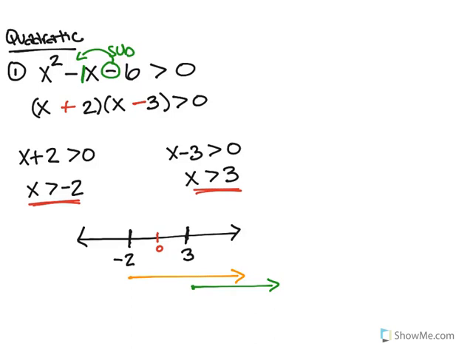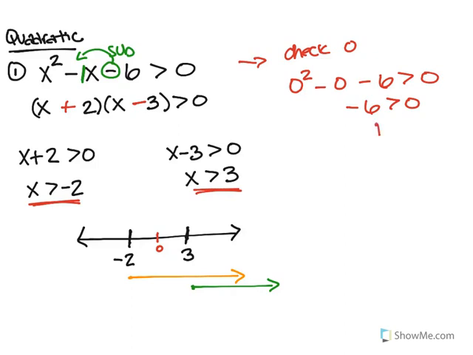If you go back up to the original and you check 0, that means everywhere there's an x, you're going to plug in 0, which really just leaves you with -6. Is that a true statement or a false statement? Is -6 greater than 0? No, that's false. So that means my answer can't be in the middle because that's going to give me false answers.